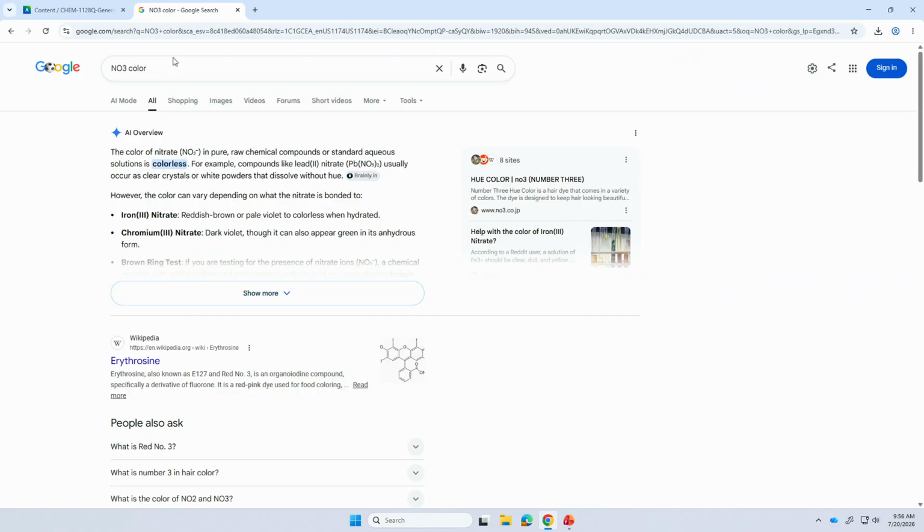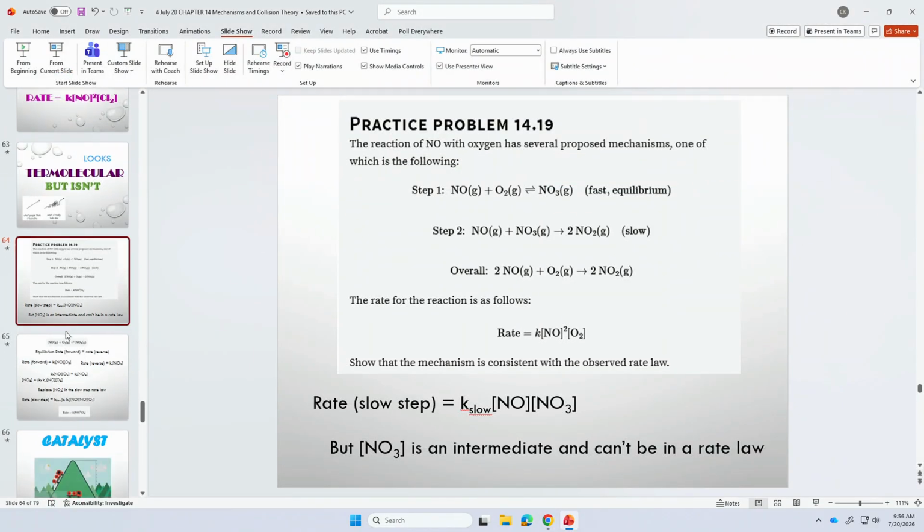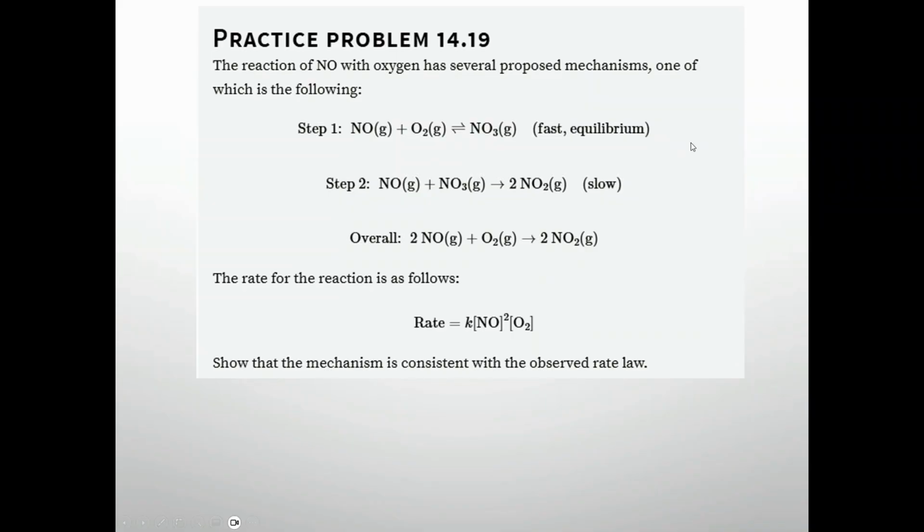If it's colorless, I'm not going to see it form. That's why there are several mechanisms proposed for it, because we can't check any of the intermediates, so we don't know. So overall, the reaction is 2NO plus O2 goes to 2NO2.